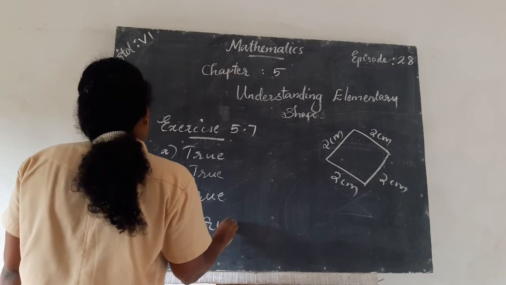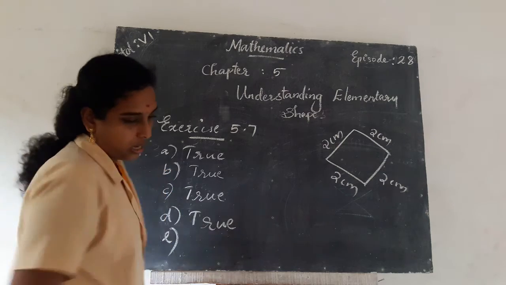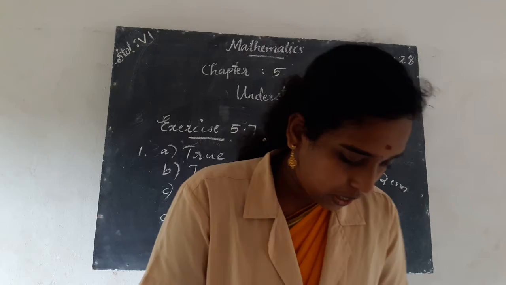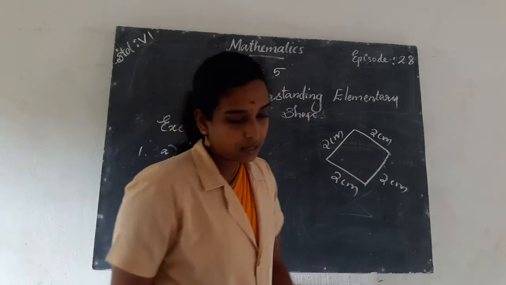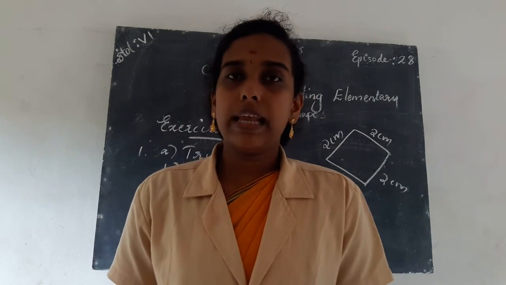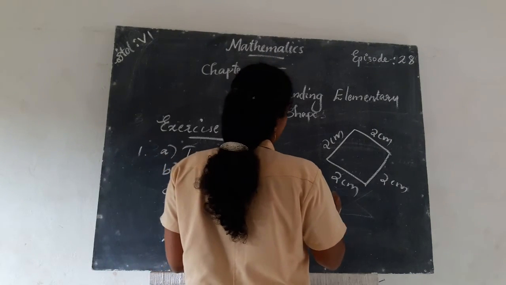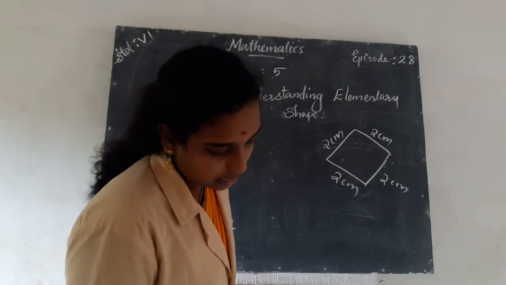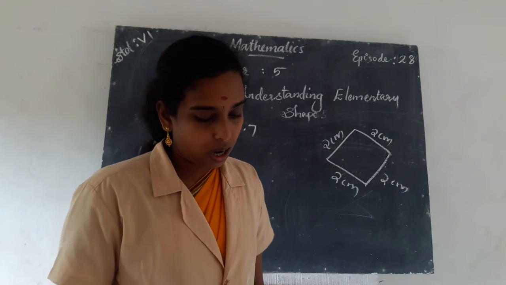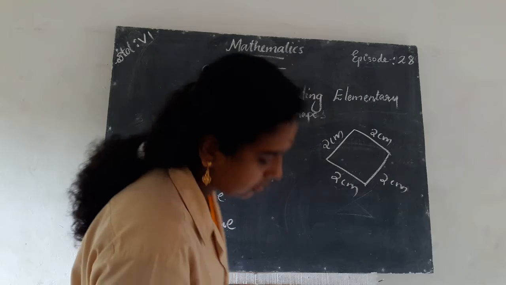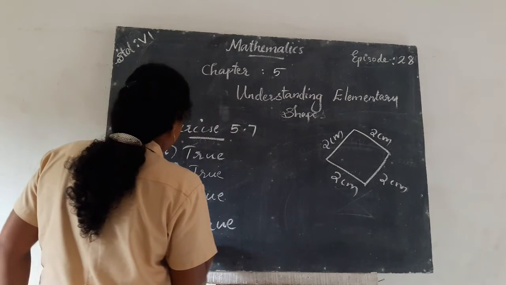And E, all the sides of a parallelogram are of equal length. All the sides of a parallelogram are not equal length. In a parallelogram, any two sides are parallel and equal length. Okay. So all sides of the parallelogram are not equal. So the statement is false.